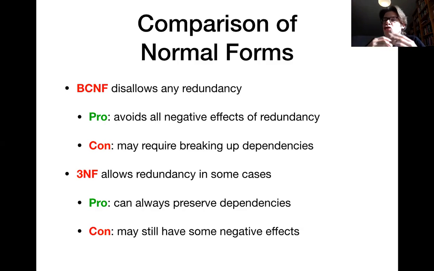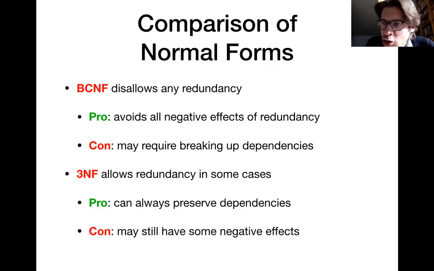I don't have to start joining tables in order to verify anything, because that would be expensive. So those are two different trade-offs between how much redundancy we are willing to accept and how efficient checking constraints can be, and whether it requires joins or not. Those are the two normal forms that we have seen.